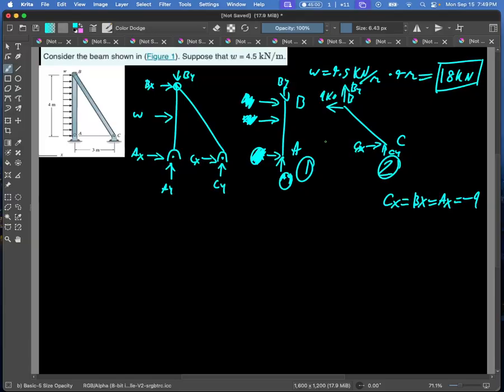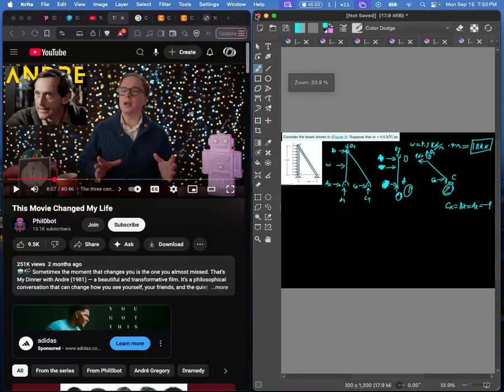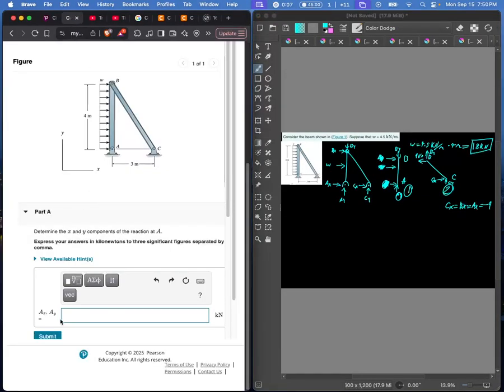If we take the moment about B, that also gets rid of AY. Boy, do they only want the x direction? I really hope so. They want AY.